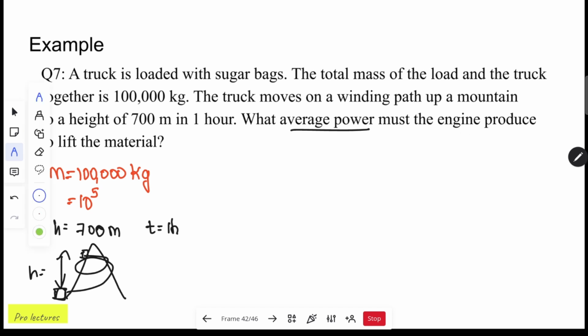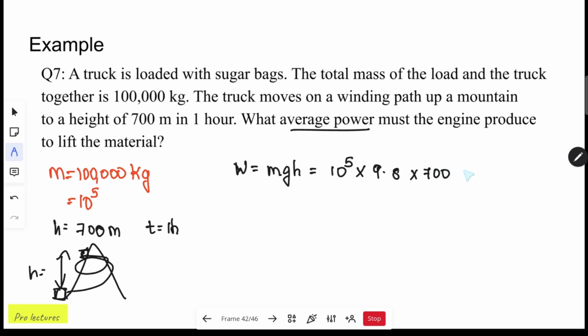We saw that there is a change in height, so there is a change in potential energy. So what is the work done against the gravitational field? Potential energy is mgh, which is 10 to the power 5, times the acceleration due to gravity, 9.8 meter per second squared, times the height difference, 700. Multiplying this, we get around 68.6 into 10 to the power 7 joule.